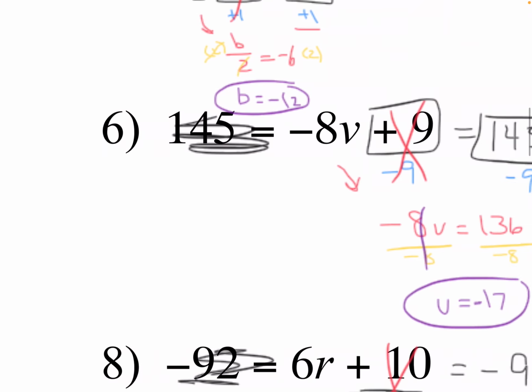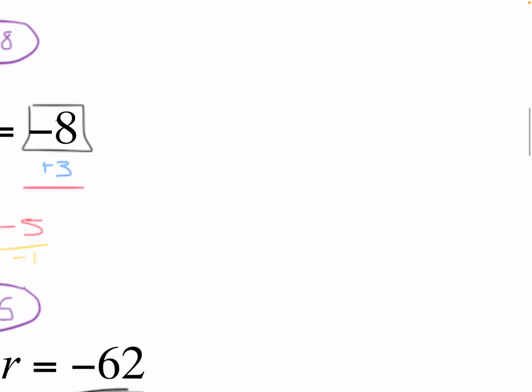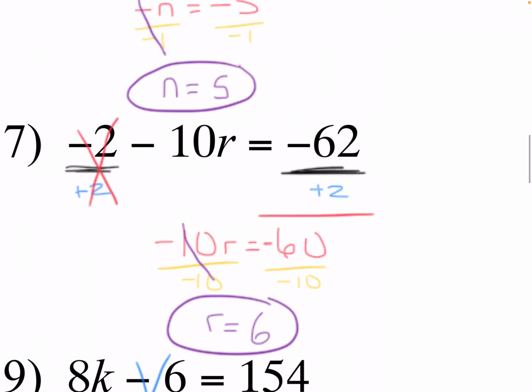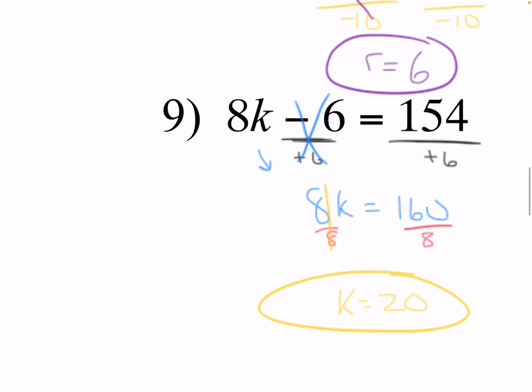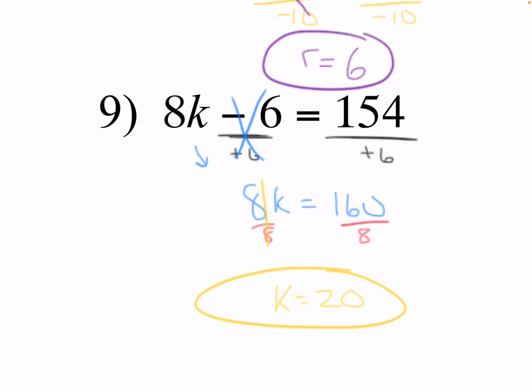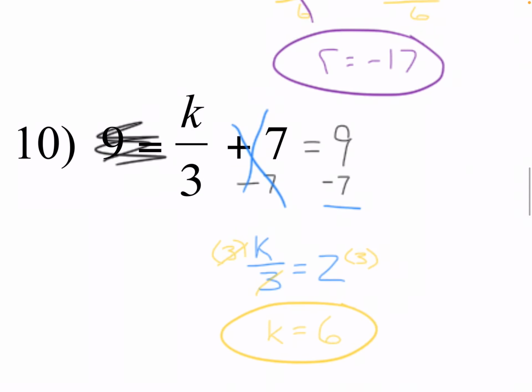Number 6, v equals negative 17. Number 7, r equals 6. Number 8, r equals negative 17. Number 9, k equals 20. And number 10, k equals 6.